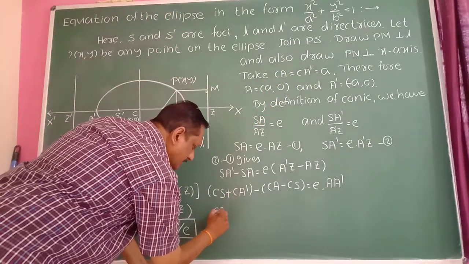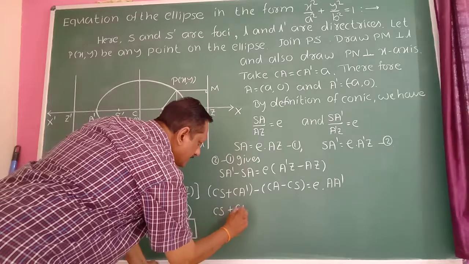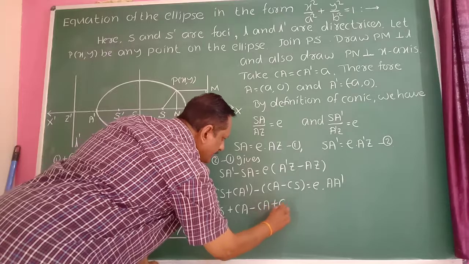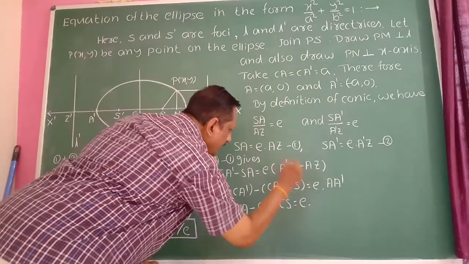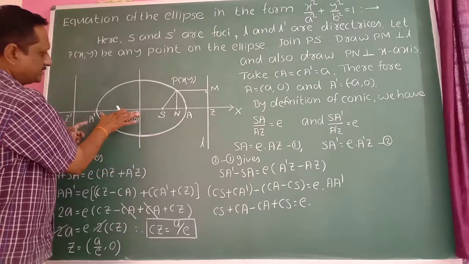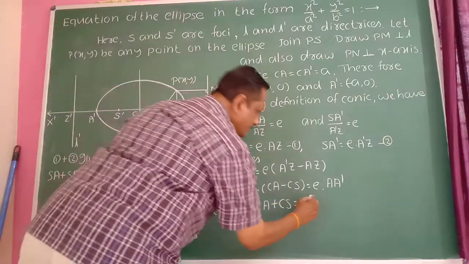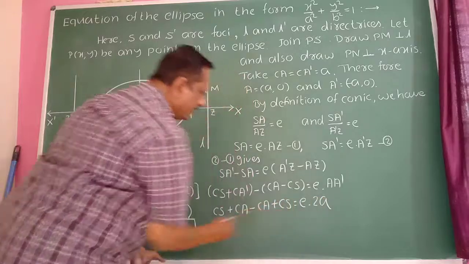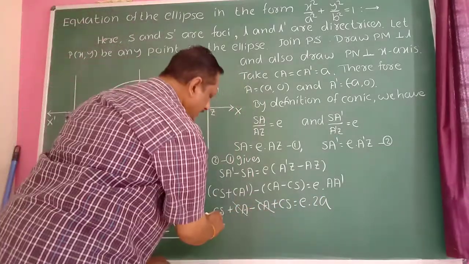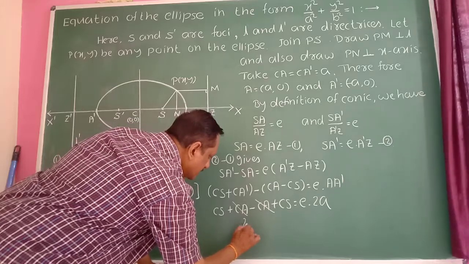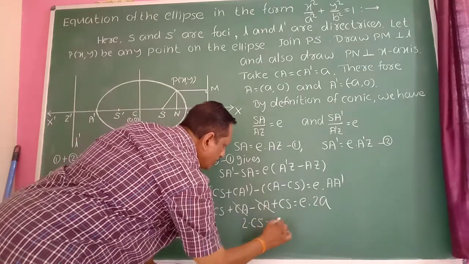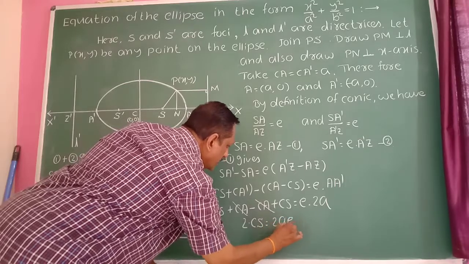So CS plus CA, taking the minus inside, minus CA plus CS, equals e into total length, this is a and this is also a, so a plus a becomes 2a. Then C and minus C cancel, and CS plus CS becomes 2CS. So 2 into CS is equal to 2a into e.